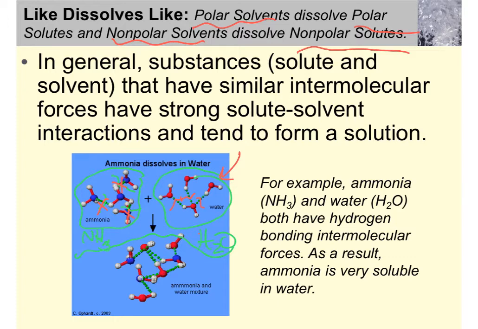And now look at the new attractions between ammonia and water molecules. These new attractions between solute and solvent have to be stronger, more favorable energetically than the ones that were severed to make this solution. You may have to listen to that a couple times to understand it, but that's going to be really important to understand that type of energetic in any type of physical or chemical process.